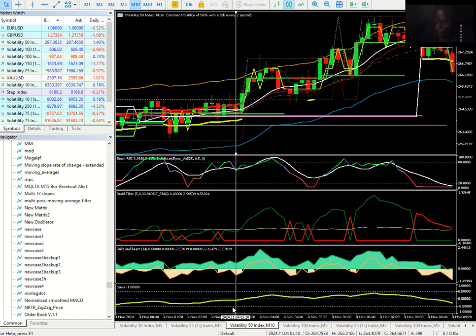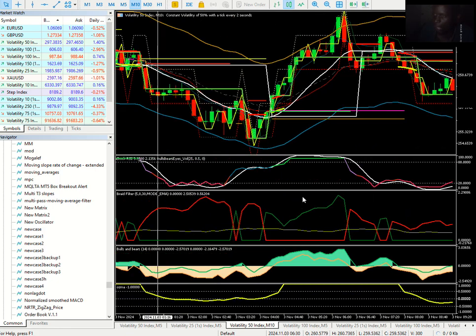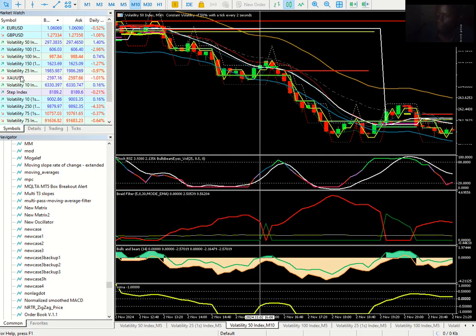The gradient of this line is upwards, this one's more green, and this one's also closing onto that, and this clearly shows us that we are in a buy zone. Now, what's a buy zone?